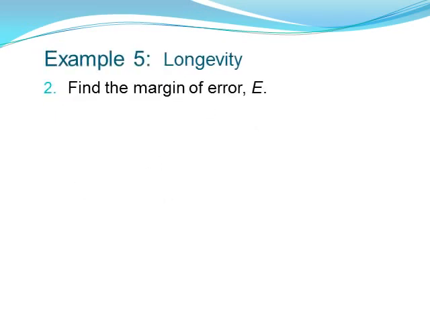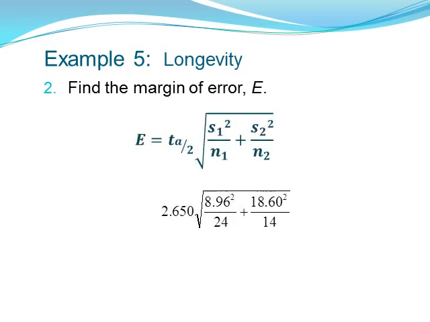Now we find the margin of error E. Using our formula, the critical value t sub alpha over 2 is 2.650. We multiply that by the square root of 8.96 squared over 24 plus 18.60 squared over 14. That product gives us 14.038. That is the margin of error E.